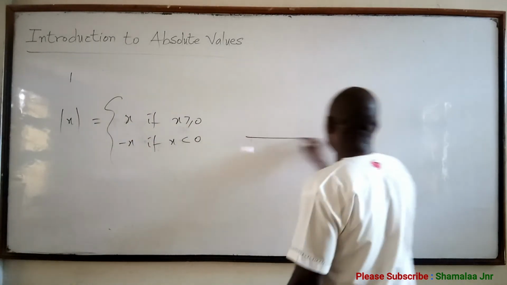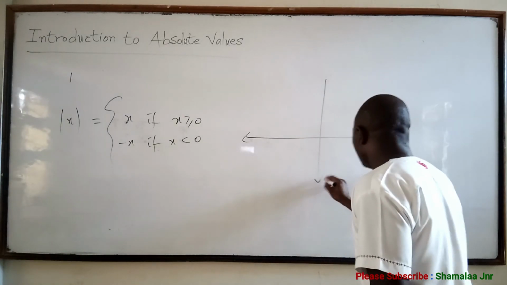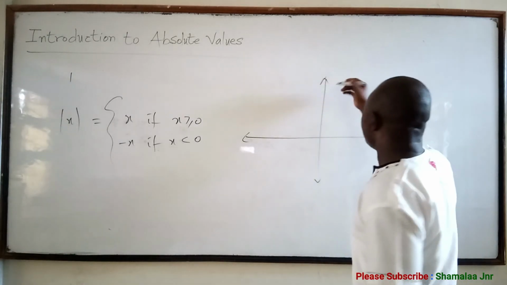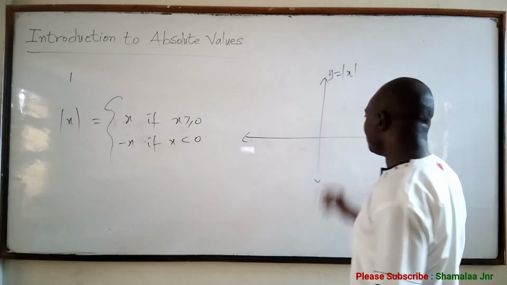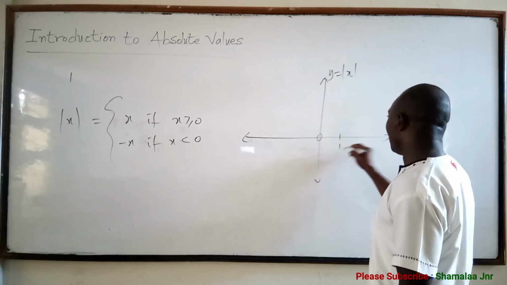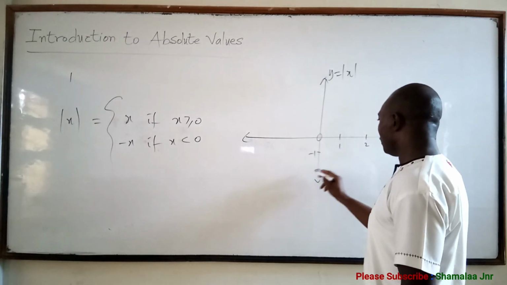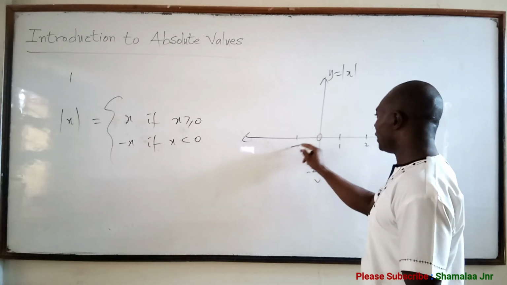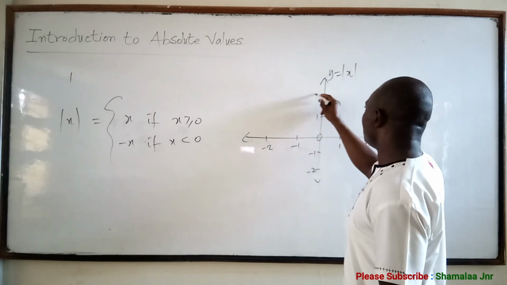So you can just do something like this. This is x. So y will be equal to the absolute value of x. If this is 0, this one can be 1, and this one 2. This one negative 1, negative 2.